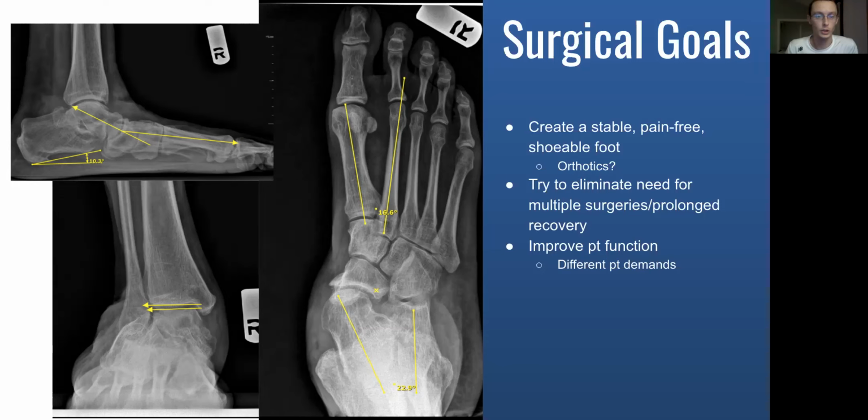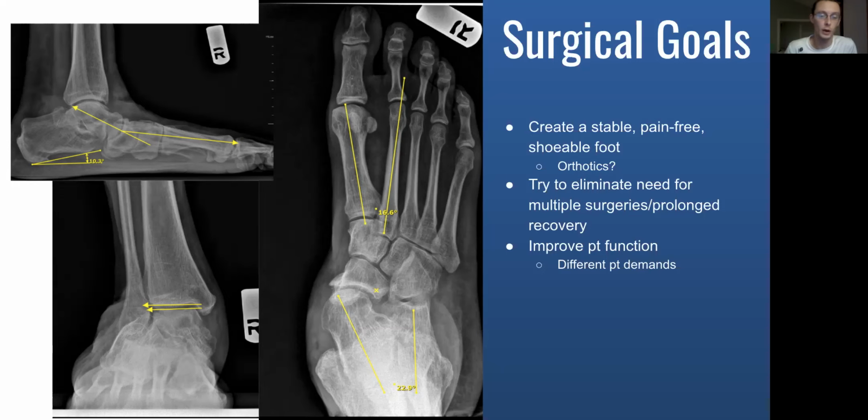But the overarching goals for our surgical corrections, and we do a fair amount of surgical corrections, usually after folks have failed orthotics or failed a brace or failed lifestyle modifications and it's just not working for them anymore. Our goal, like any surgical correction, is to create a stable, pain-free foot that you can live your life on and do your daily activities in a shoe.